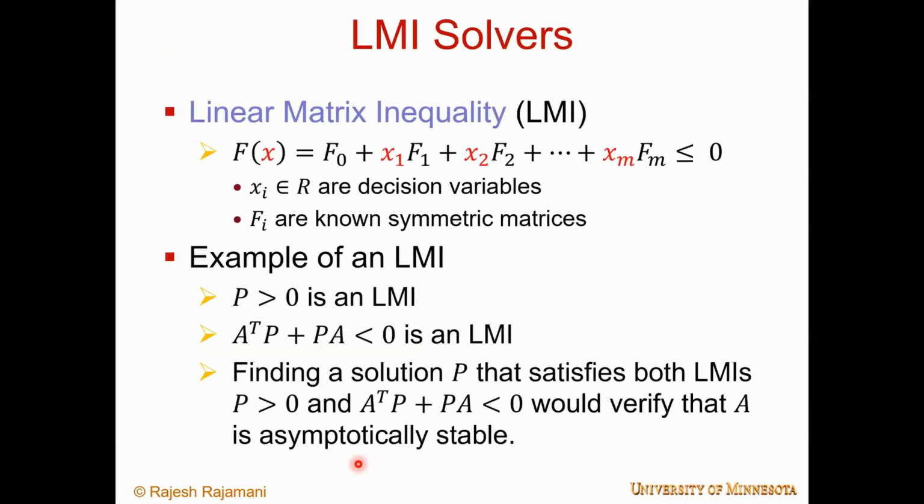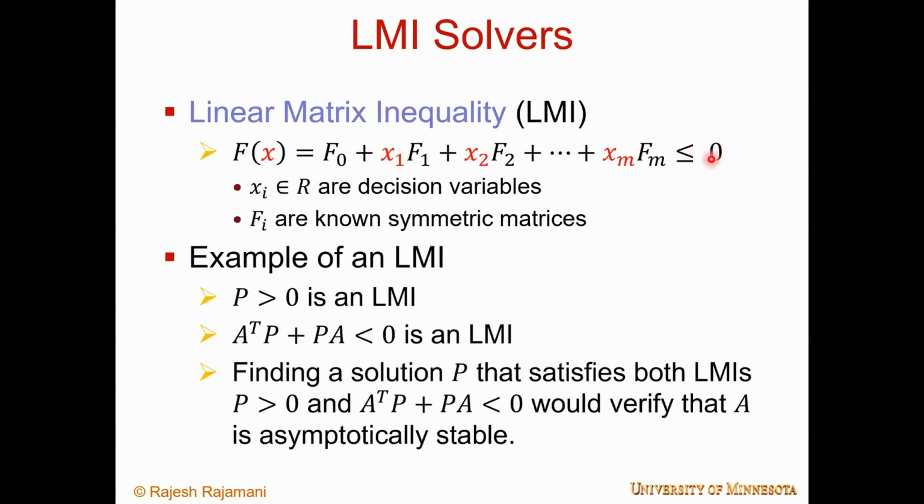You can find a lot of introductory material on LMIs on the web if you do a quick search. But basically, solving an LMI involves solving an equation of this form: F of x equals f0 plus x1 f1 plus x2 f2 plus x3 f3 and so on, less than or equal to 0.